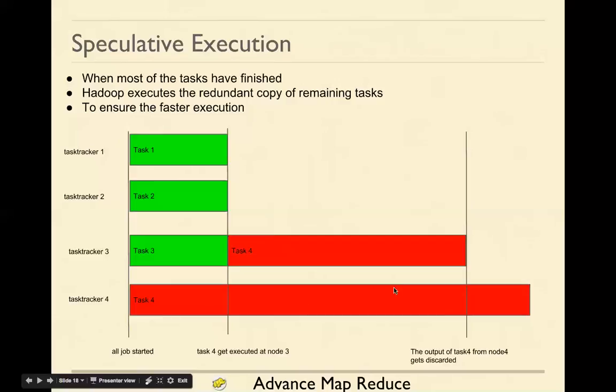Then task 4 will continue on the other tracker, and the output will be consumed. What if it clashes with the execution timing? Meaning both the tasks have finished at the same time? Either of the results will be picked up.